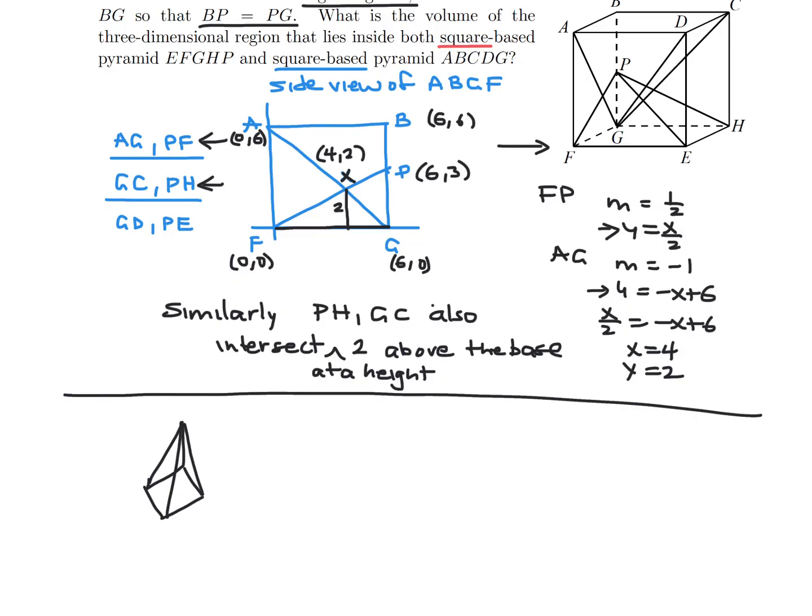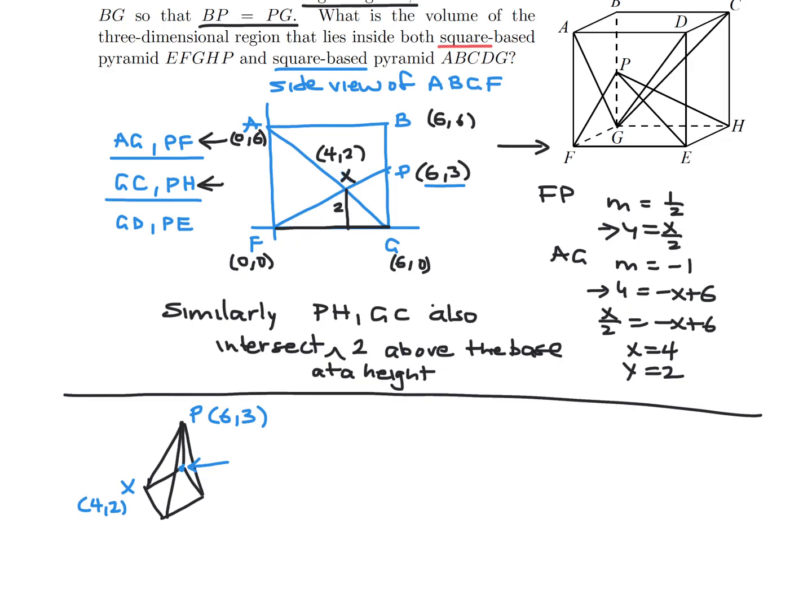Now this first one that I drew, it's going to have the points P, the X, and then a few others, right? But the P we know already is 6, 3. The X we just calculated was 4, 2. So this point here is very important. Now the base is square, and it's flat.